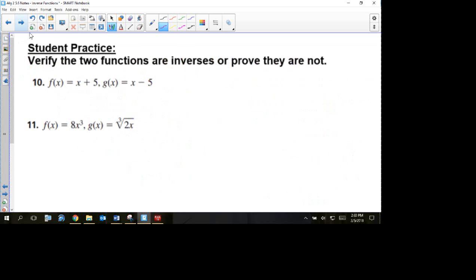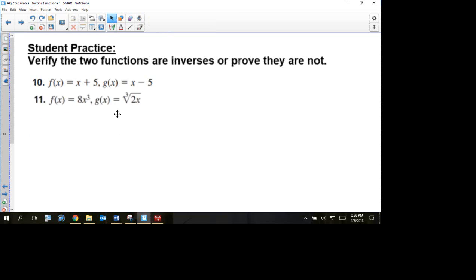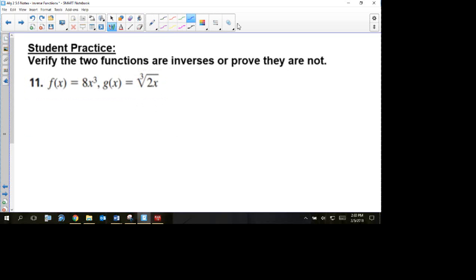I'm going to do 11. So if you need to color coordinate, I'm making anything that's f of x blue. And anything that's g of x, I'm making red.